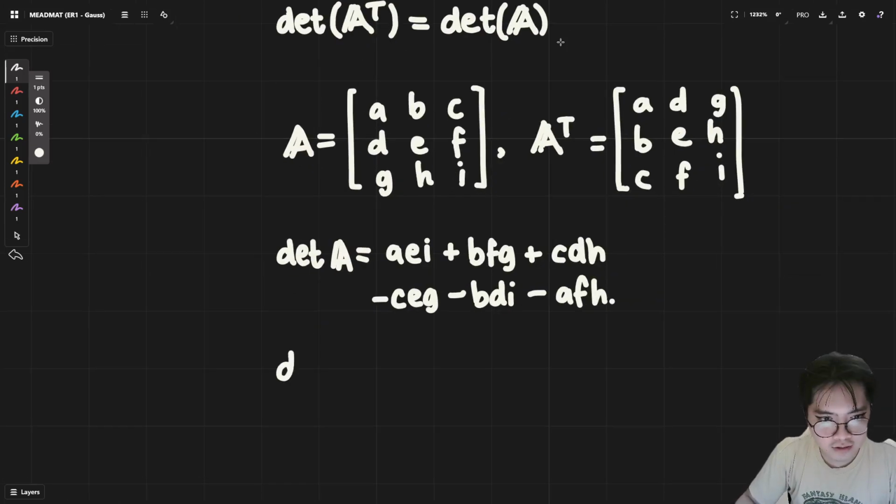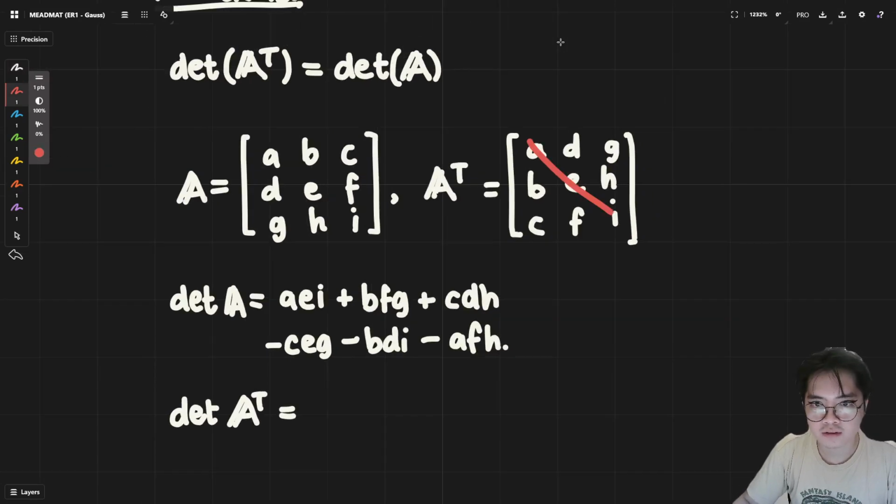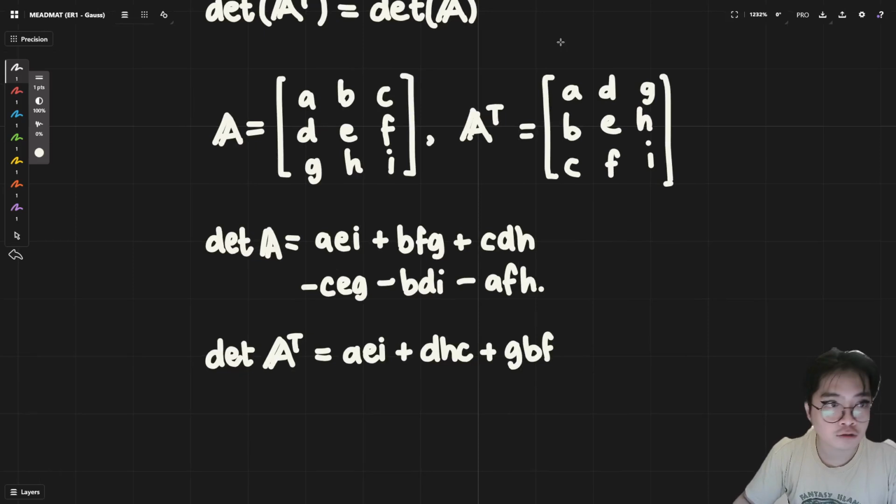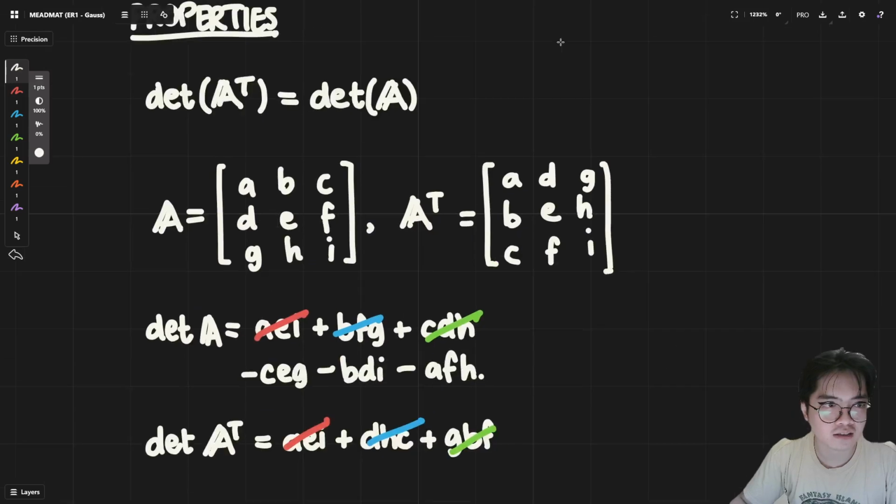Okay, let's try the determinant of A transposed, right? A transposed. This one AEI, DHC, and BFG. Very interesting. AEI, still the same. DHC, which is just the same thing as CDH. And then GBF, which is the same thing as BFG. So far, so good. Cancel, cancel, cancel. Next, CEG, still the same thing.